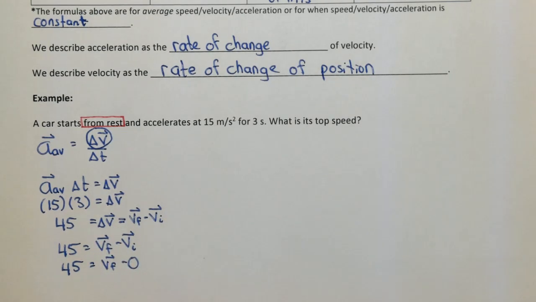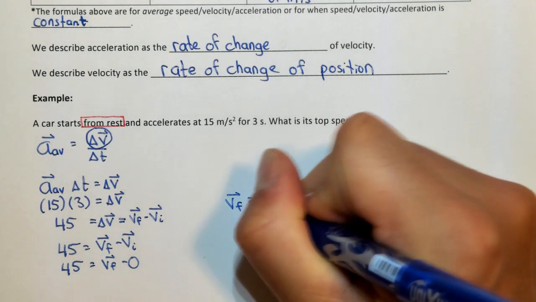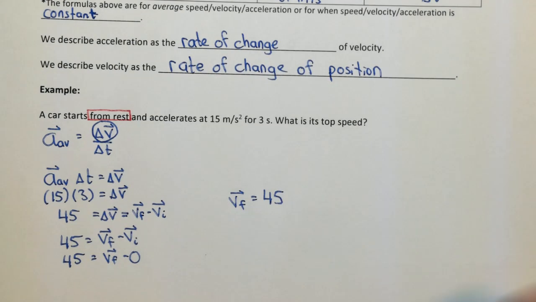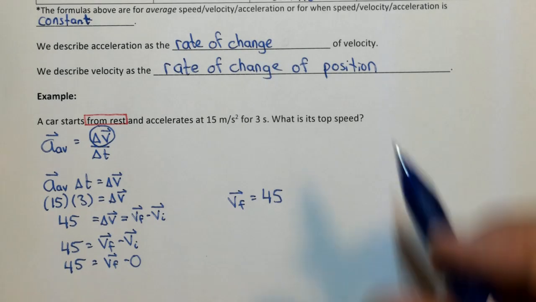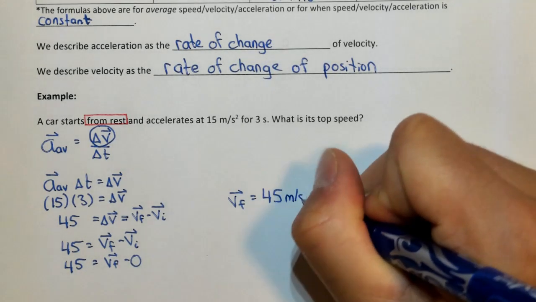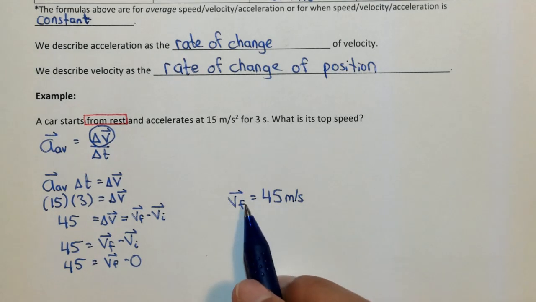So then, that tells us that Vf has to be 45. And because we put metric base units in, we know we're going to get metric base units out. So this is meters per second, because that's the metric base units for velocity.